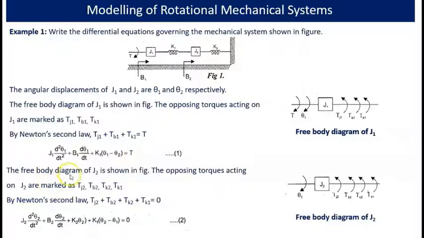is equal to applied torque T. Now the free body diagram of J2 is shown in this figure. The opposing torques acting on J2 are marked as Tj2, Tb2, Tk2 and Tk1. This K1 is connected between two nodes. Therefore, the corresponding torques: J2 d square theta 2 by dt square plus B2 d theta 2 by dt plus K2 theta 2 plus K1 into theta 2 minus theta 1 is equal to 0.